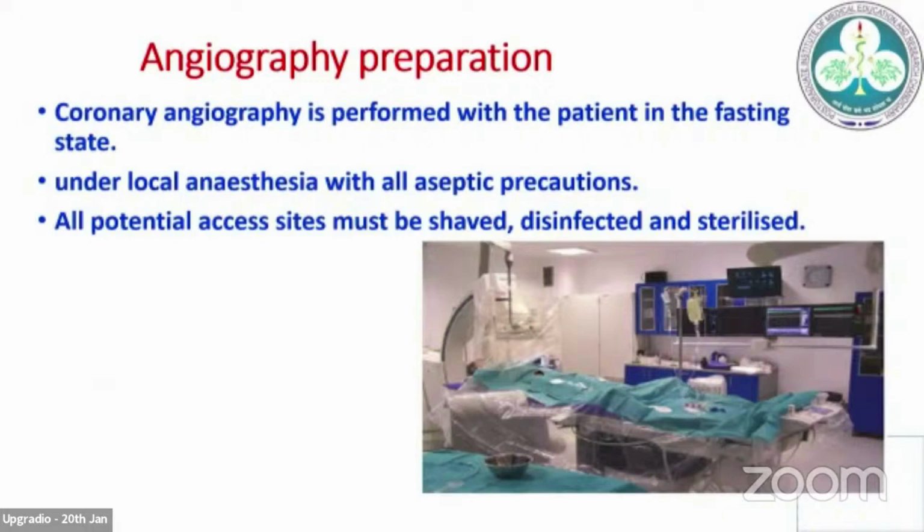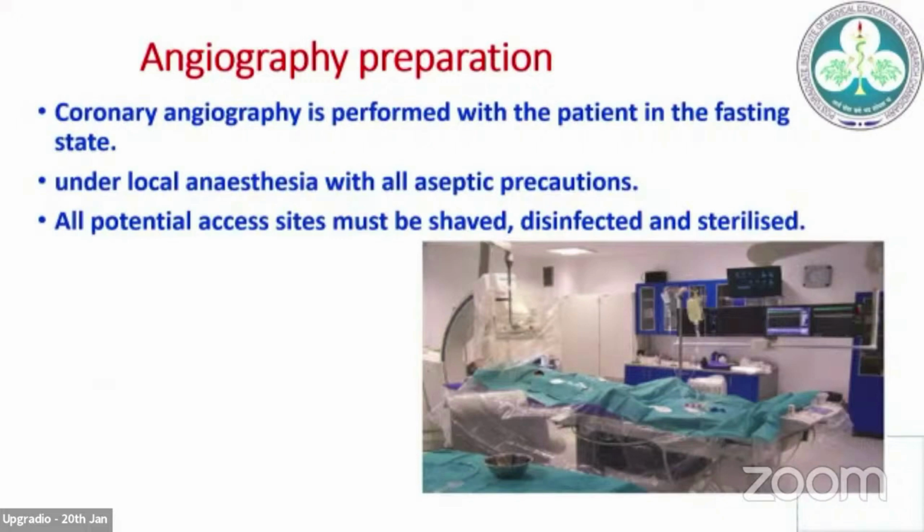So it's always better to have the patient in a fasting state when being taken on the table. Those who have renal failure, where there is a concern about, say, contrast-induced nephropathy, should be taken first among the cases, and later on the rest of the cases can be taken.